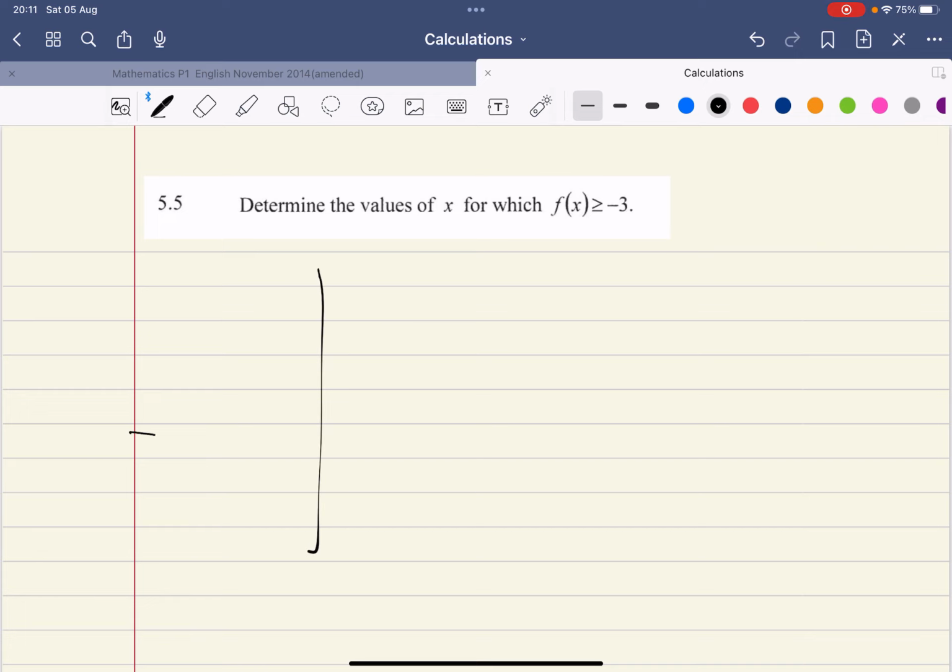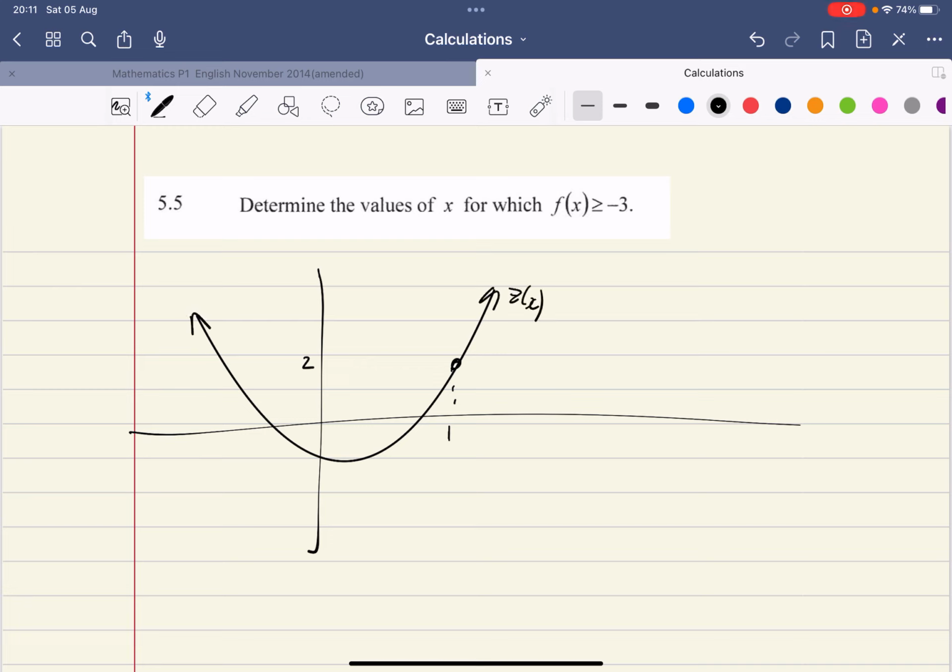This is exactly the same as saying if we had a quadratic function like this, and we had a value here, let's say it was 2 and this was 1. Let's say the question asked us for what values of x will z of x, our quadratic function, be greater than 2.